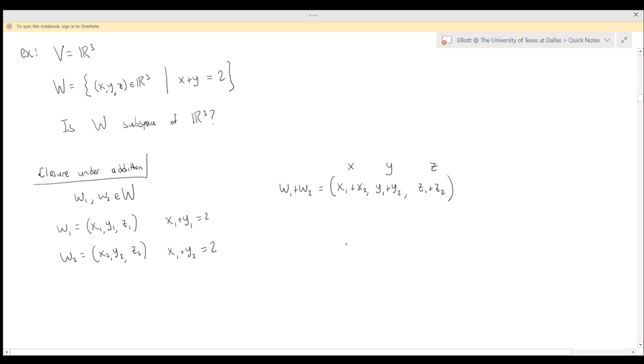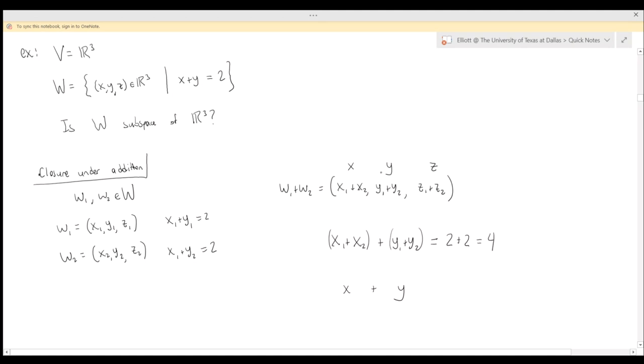So if I did the x coordinate plus the y coordinate, all right, if we use these two assumptions that we had on the vectors w1 and w2, x1 plus y1 will equal 2, and then x2 plus y2 will equal another 2.